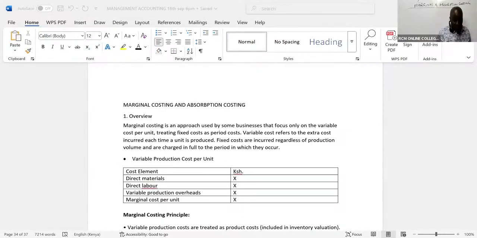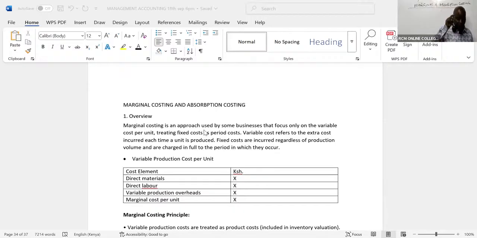That marginal costing is an approach used by some businesses that focuses only on the variable cost per unit, treating fixed cost as period cost.